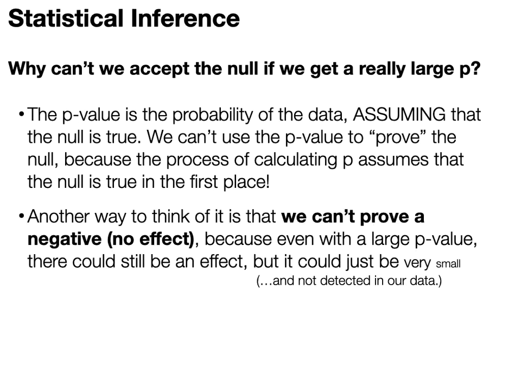Another way to think of it is that we can't prove a negative. We can't prove that there's no effect. Because even if we get a really large p-value, there still could be some effect of the vaccine or some difference or some association, but it could just be a very, very small effect that we didn't happen to detect in our data. So we don't accept the null.